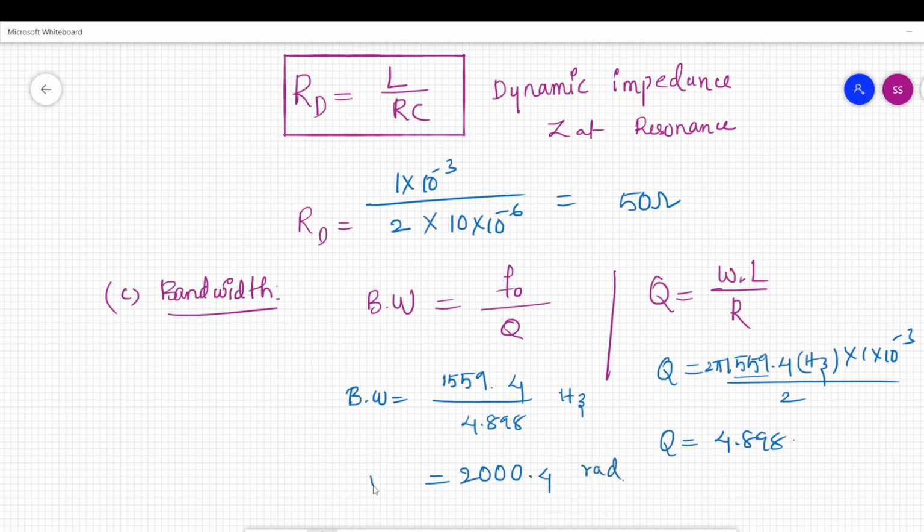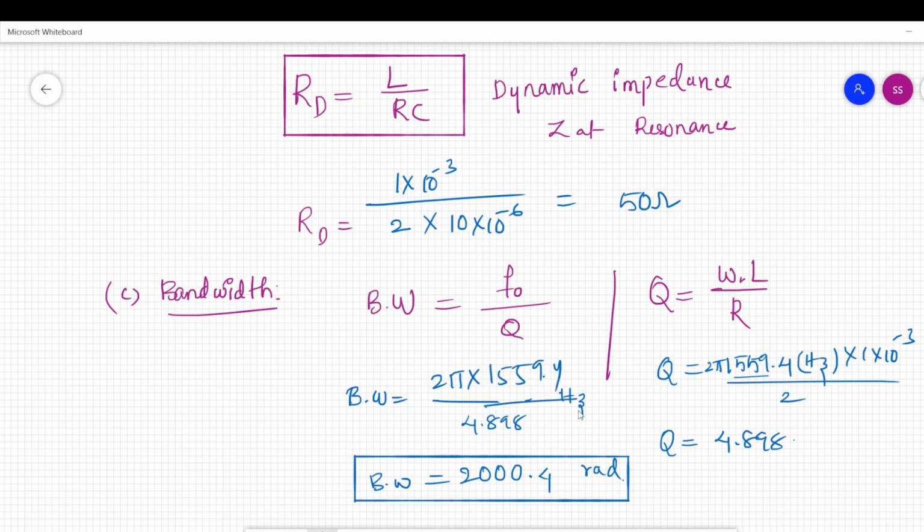Actually it is in radians now. You can convert it to hertz if you want. The applied value here is in radians, that is 2 pi into 1559.4, then you get the value in radians, not in hertz.